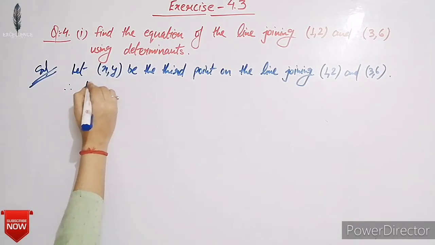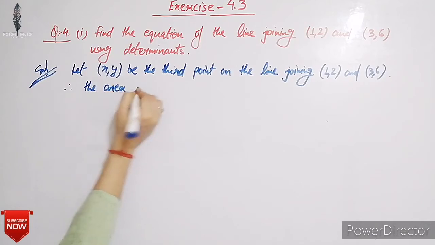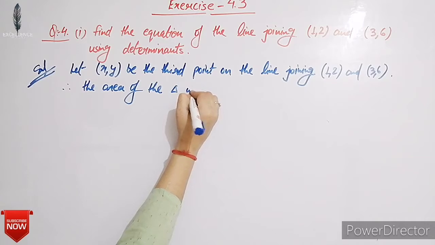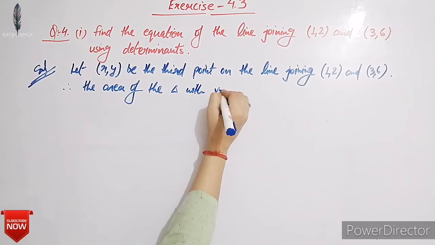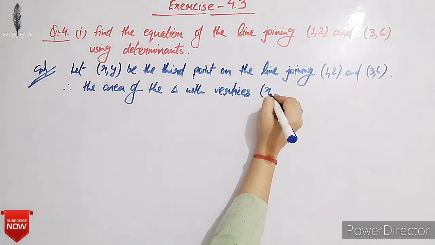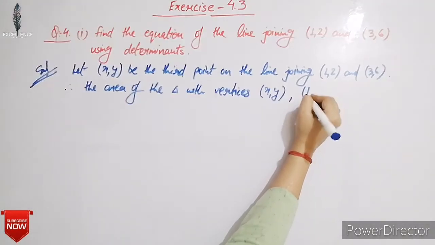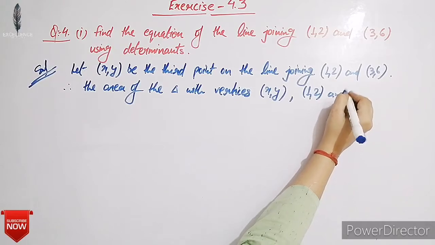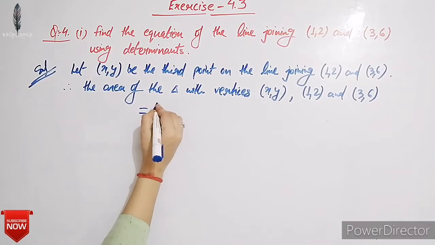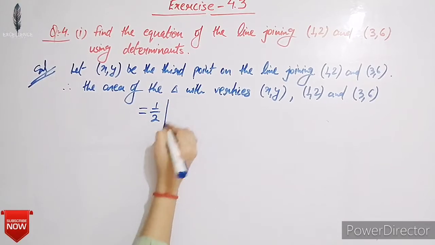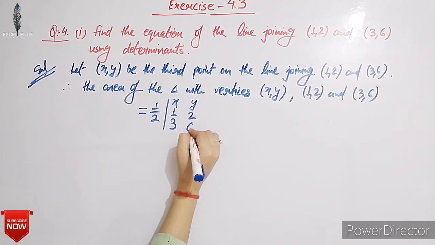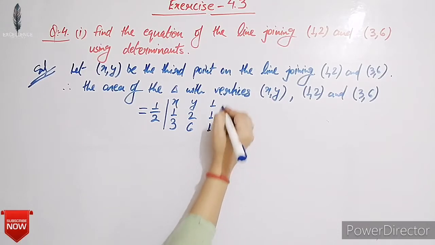So the area of the triangle with vertices (x, y), (1, 2) and (3, 6) is equal to 1 by 2 times the determinant with rows x, 1, 3; y, 2, 6; 1, 1, 1.